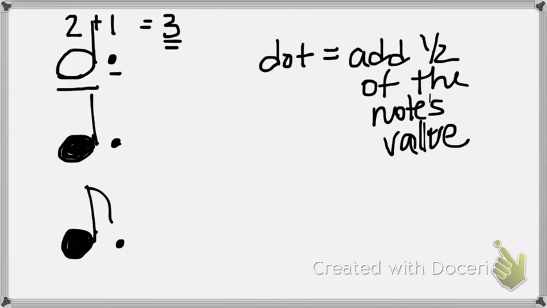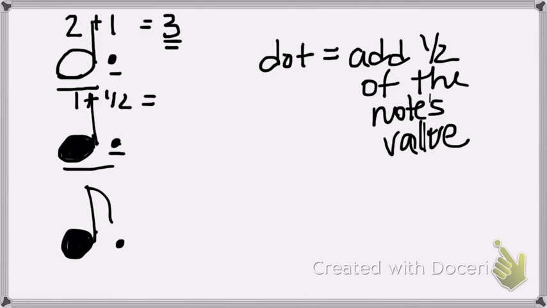So if we look down here at a quarter note, we know a quarter note ordinarily gets 1 beat, and then this quarter note has a dot after it, so we need to add half of this original note value. We're going to add half. So this is going to be 1 plus 1.5.